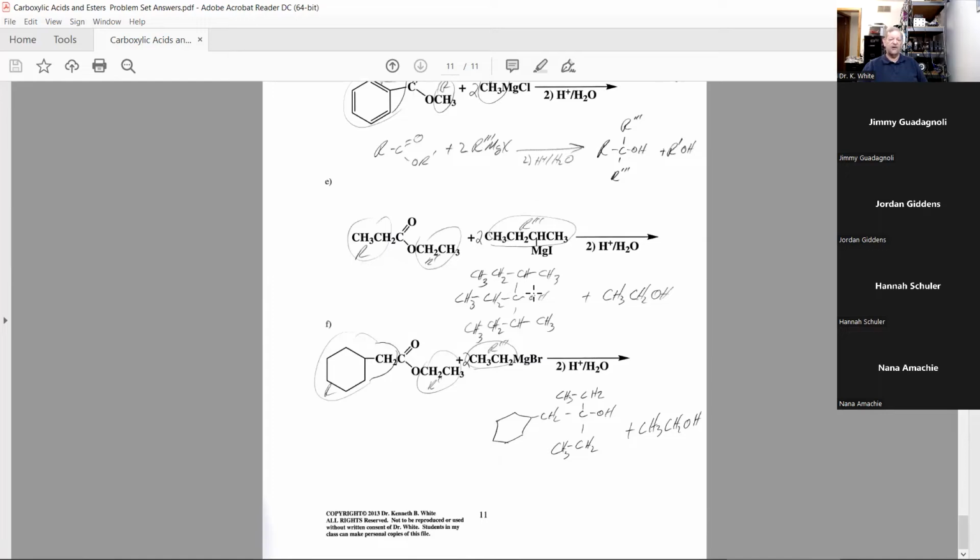And if we look at E, same thing, R is ethyl, R prime is ethyl, R triple prime is 4 carbon, where the second carbon has the Grignard that's attached to the carbon with the ethyl and the alcohol. And you make this very, very complex alcohol plus this simple alcohol from R prime. With this reaction, I will never, ever put a synthesis problem. That's cruel, unusual punishment. That's not nice.